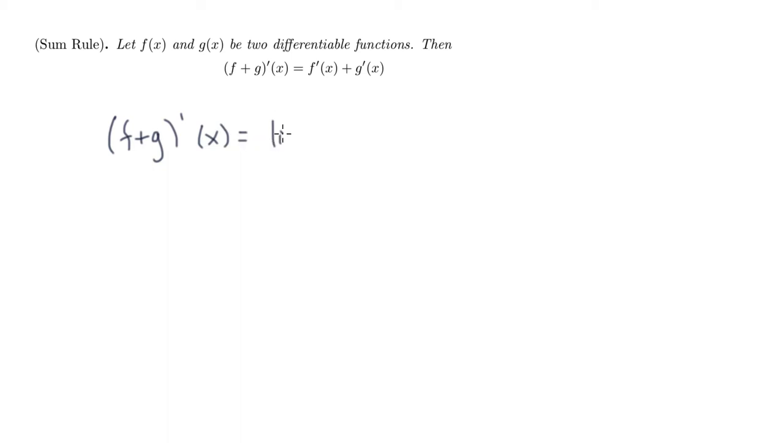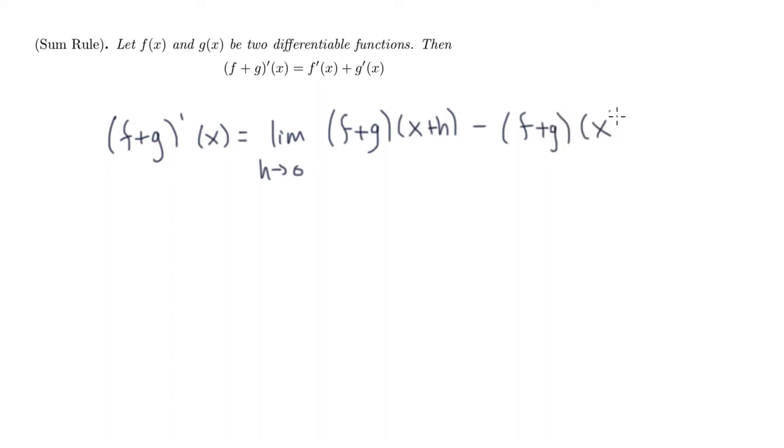This is, by definition, the limit as h goes to 0 of f plus g, the sum of the two functions evaluated at x plus h, and then minus this function f plus g evaluated at x, all divided by h. Recall that when you evaluate a sum function at a point, you just evaluate each function at that point and add them together.